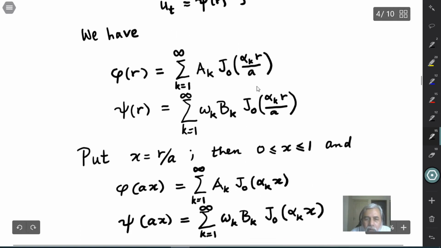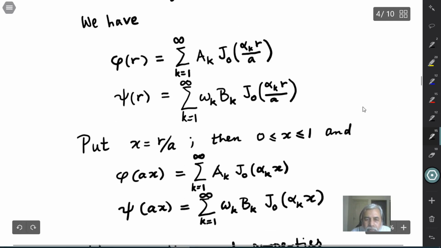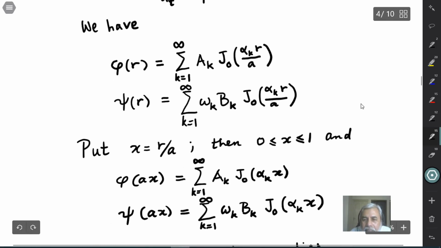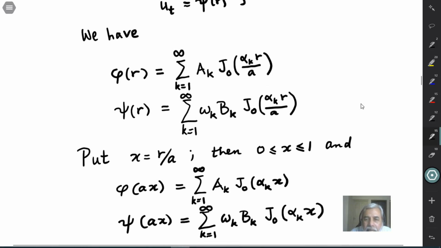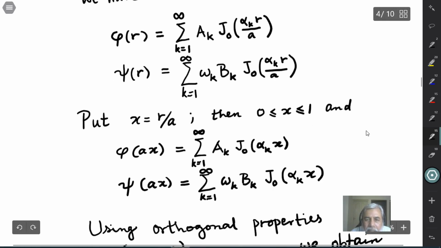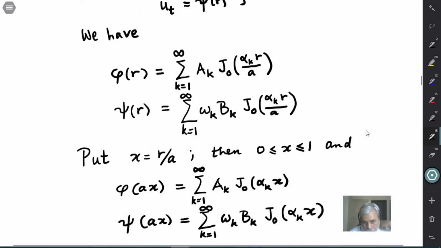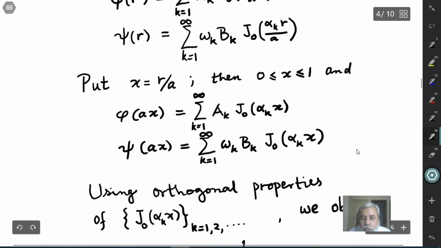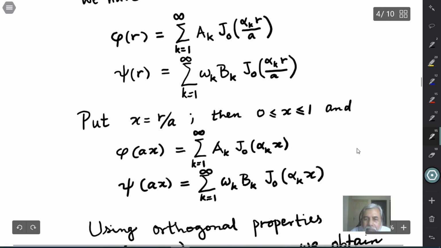In order to determine this ak and bk, we'll make use of some orthogonal properties satisfied by this Bessel function. To make everything suitable for the application of that orthogonal property, we make a change of variable.